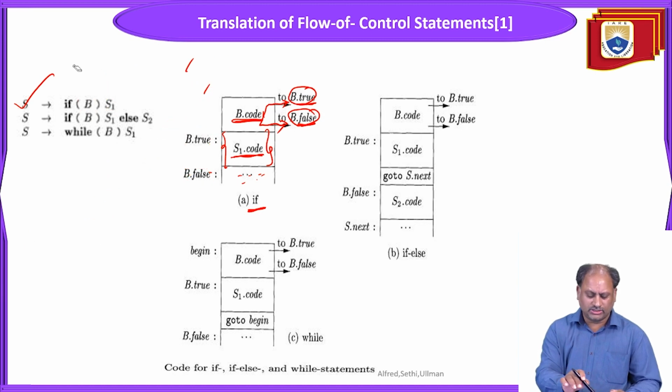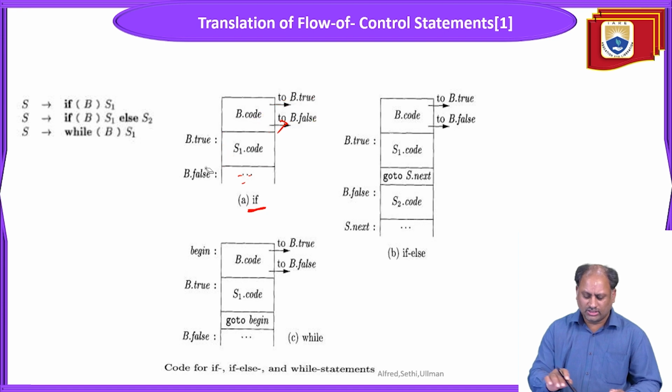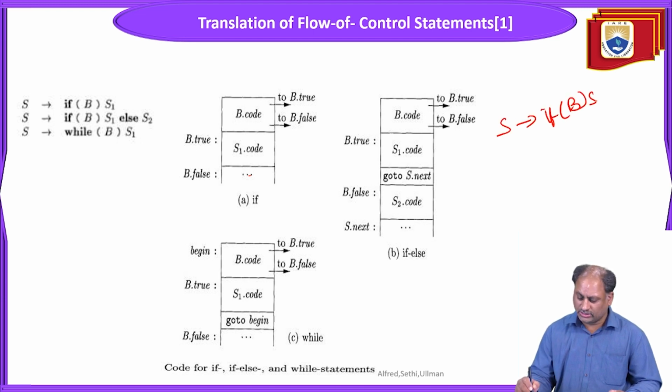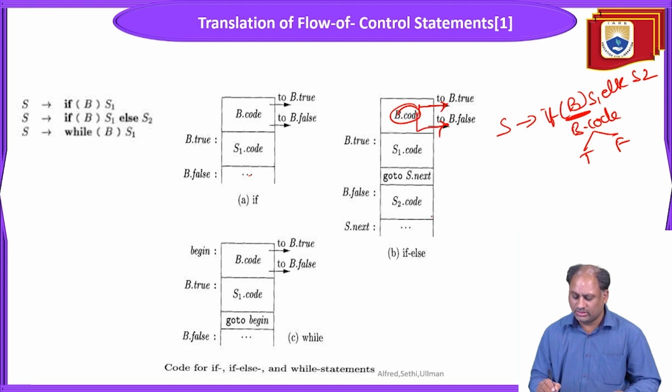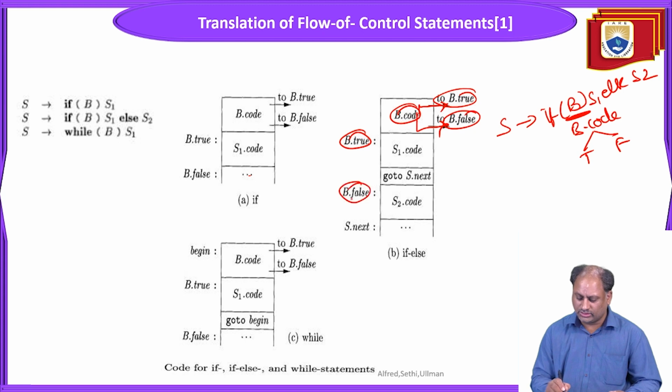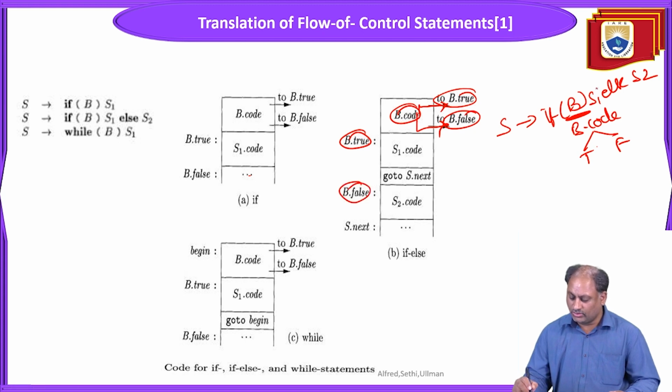Let us see the if else structure also, and how this implementation takes place in syntax translation. See here, the second one is S derives if Boolean S1 else S2. Now this code is to be evaluated first, that is B dot code. This may be true or false. So true goes with some label, false goes with some label. What is the true label here?